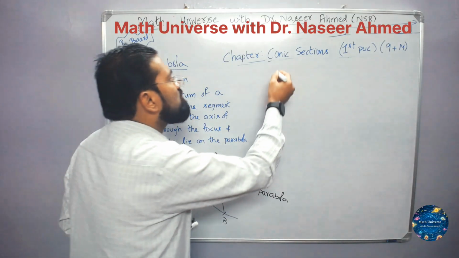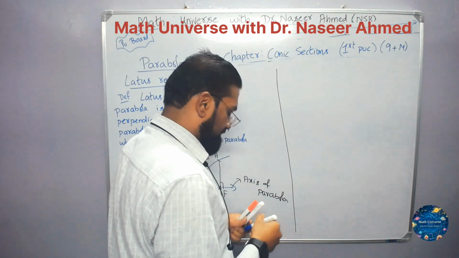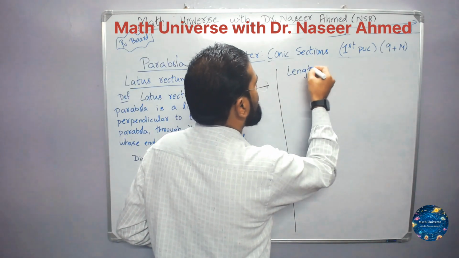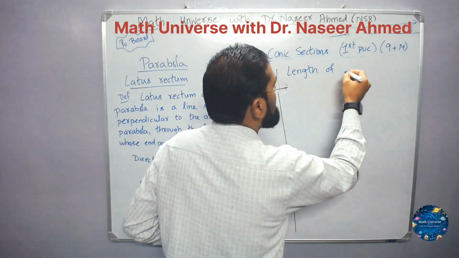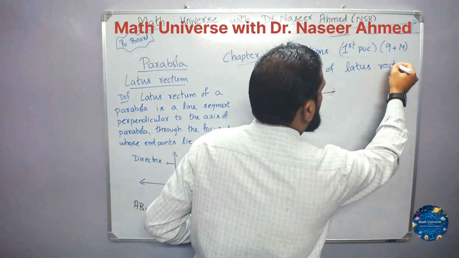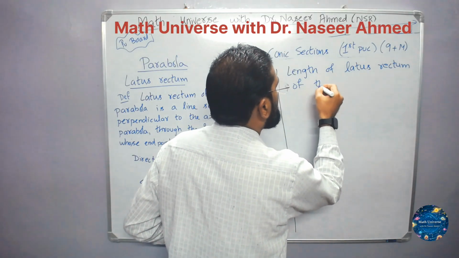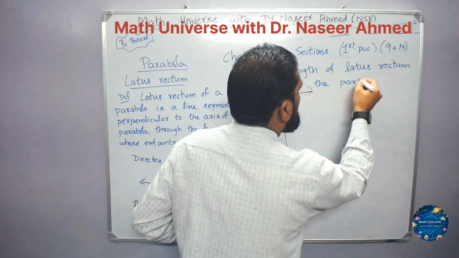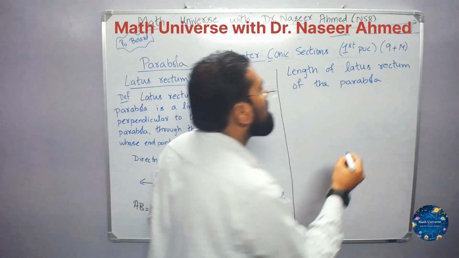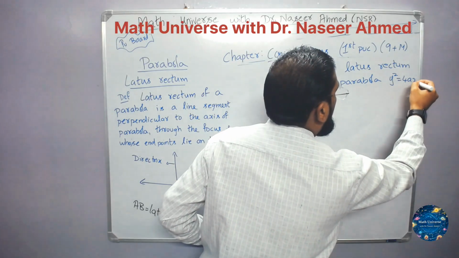Now let us move on to the length of latus rectum in standard form. I want to know what could be the length of latus rectum of the parabola y square equal to 4ax.